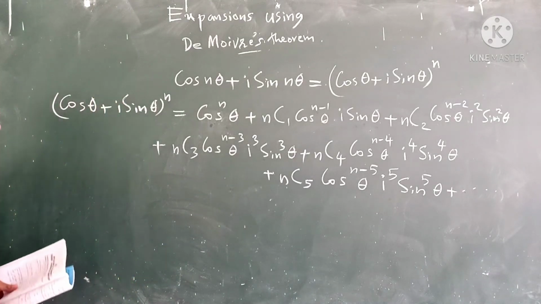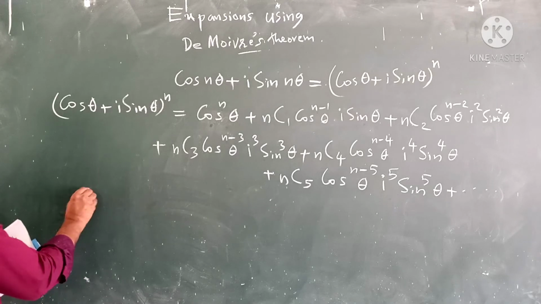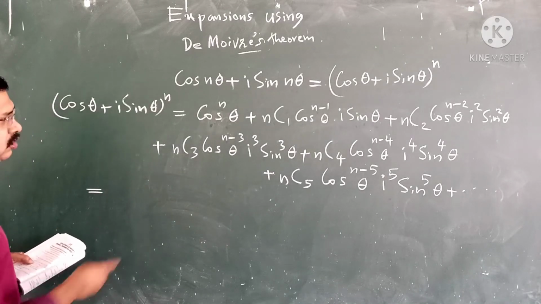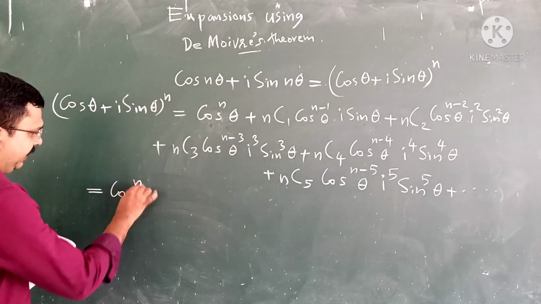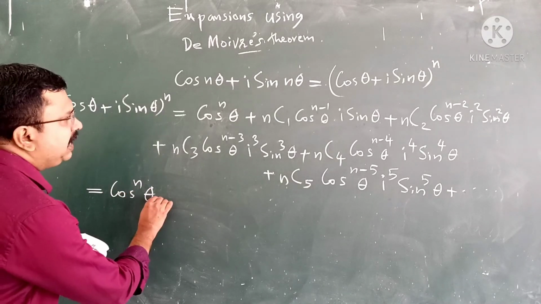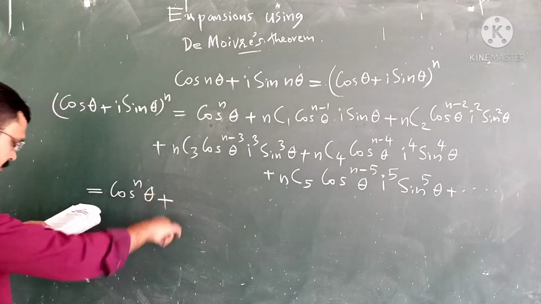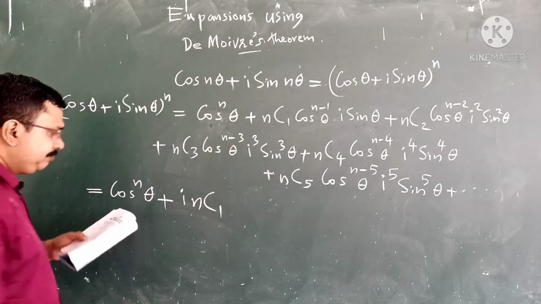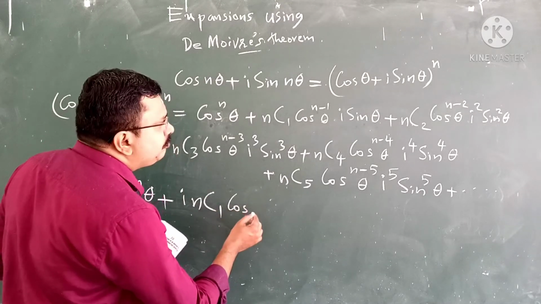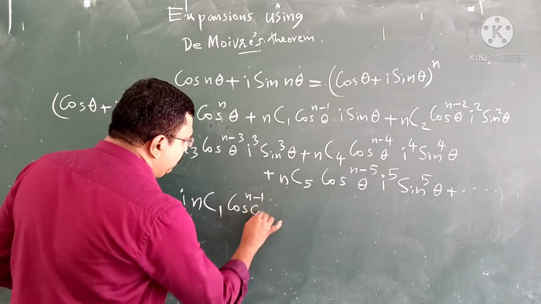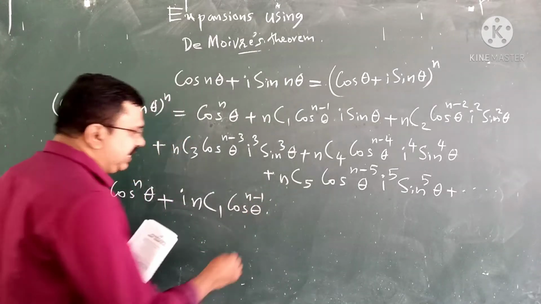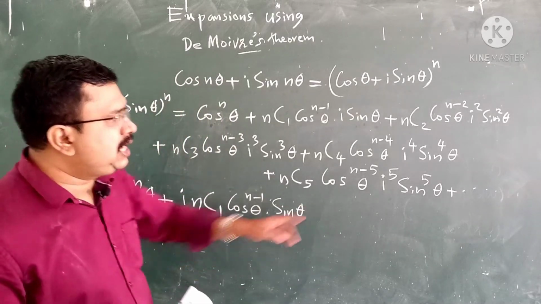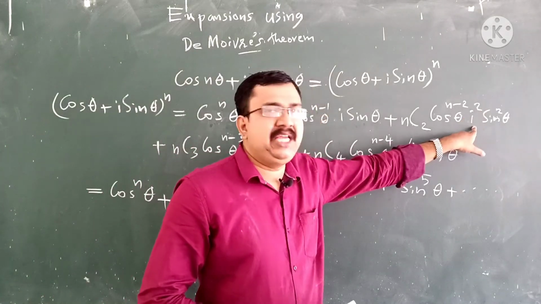Then we will get cos raised to n theta plus I into nC1 cos raised to n minus 1 theta into sin theta. Then the second term is I square. What is I square?